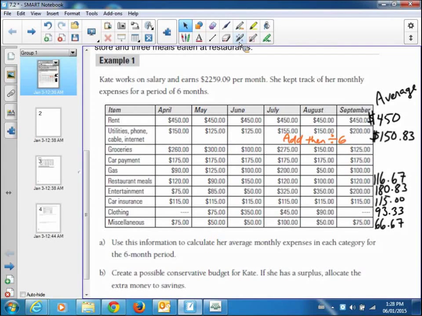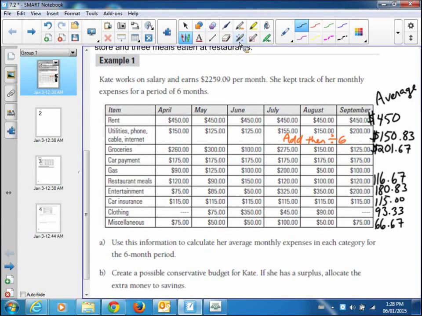Okay, what do we have here for groceries? Jasmine, you got an average, don't you? 201.66. 67 actually, because 66 repeats forever. But 201.67, I'll put that down. You got the idea though.